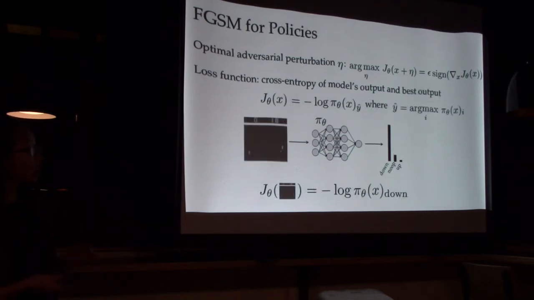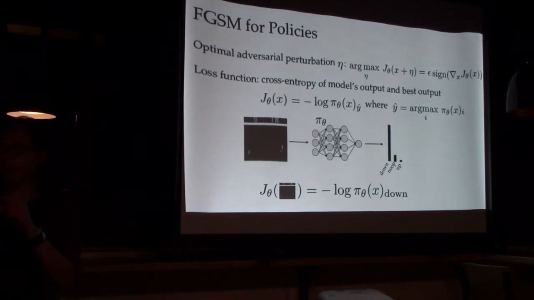And so in our work for our policies, we do something that's similar. A policy, a neural network policy, pi sub theta, is also going to output some distribution over actions. And in our work, the adversary just tries to minimize the probability of the most likely action.